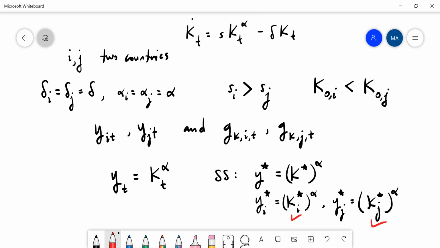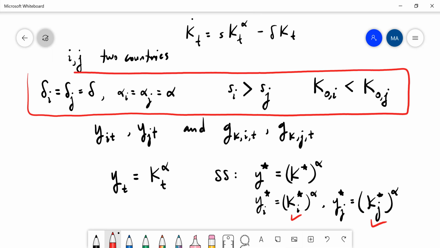So don't forget these assumptions, okay? Country i and country j differ in terms of saving rates and initial capital stocks. And we want to understand the growth rate of capital stock, which means proportionally the growth rate of GDP. And we want to understand the levels of GDP per capita, right? So let's focus on the steady state first.